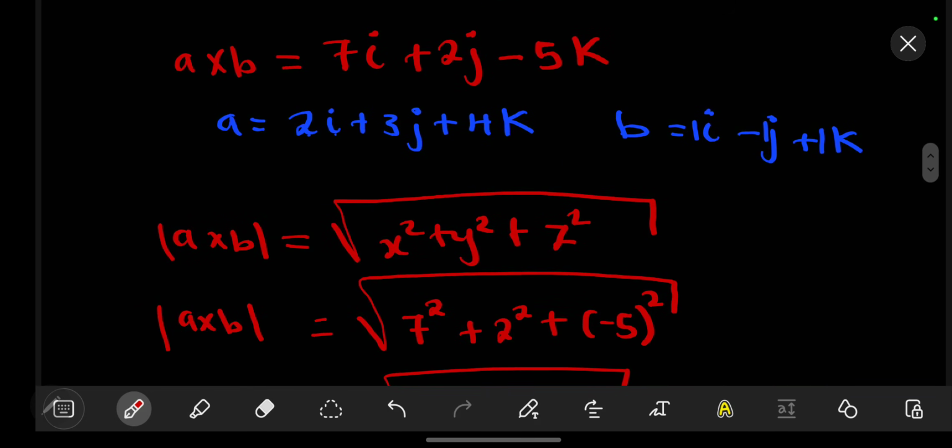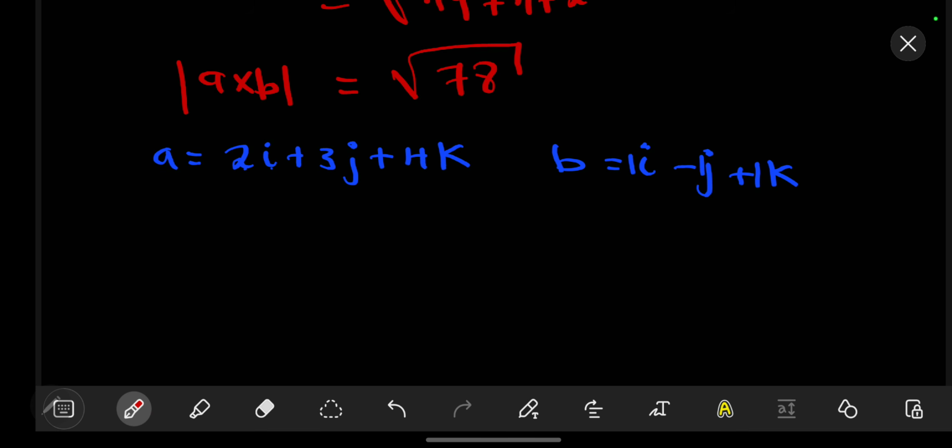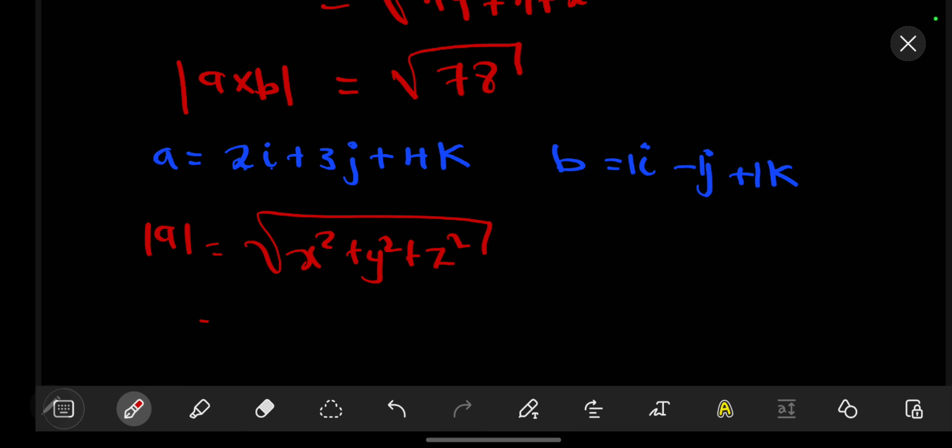Now, finding the magnitude of A, it should be equal to the square root of x squared plus y squared plus z squared. So x is 2 squared, y is 3 squared, and z is 4 squared.